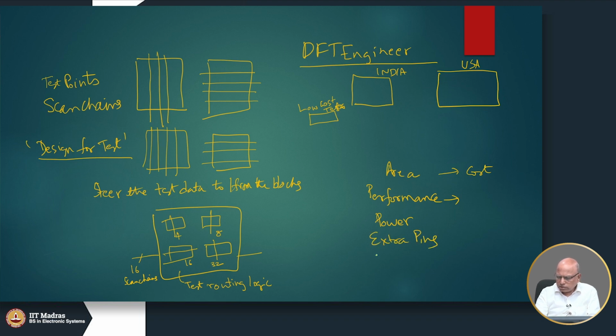Okay. See, I told you that sometimes you may want to have up to 32 scan chains, right. Now, 32 scan chains means you see 32 scan inputs, then 32 scan outputs, then there is 32 scan enables.